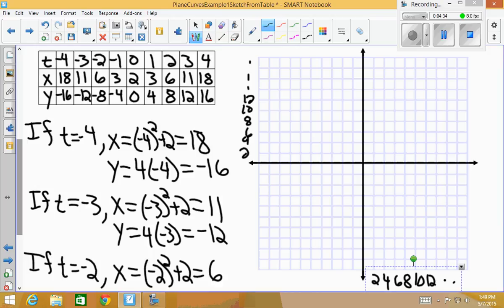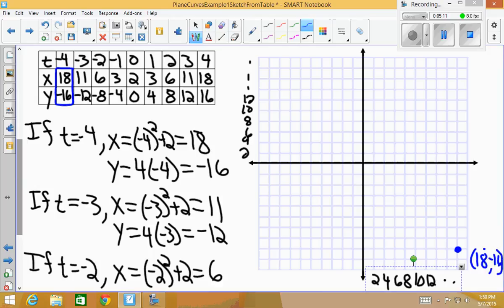So if we put our point x 18, y -16, we'll start here with the smallest value for t and increase t. So x is 18, y is -16. X 18 would be there, y -16 there. So this is 18, negative 16.